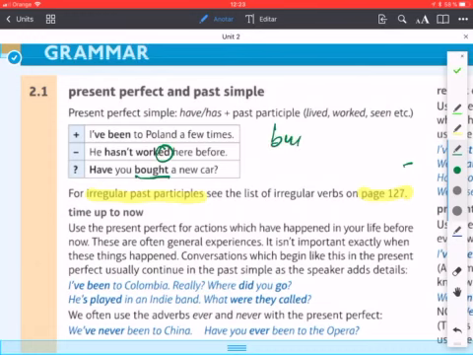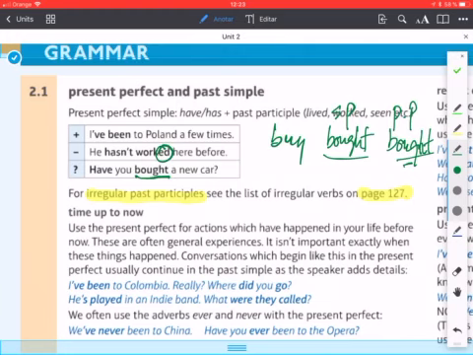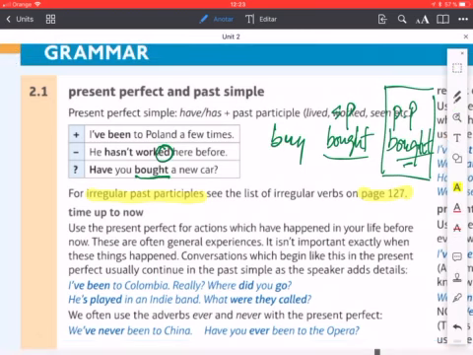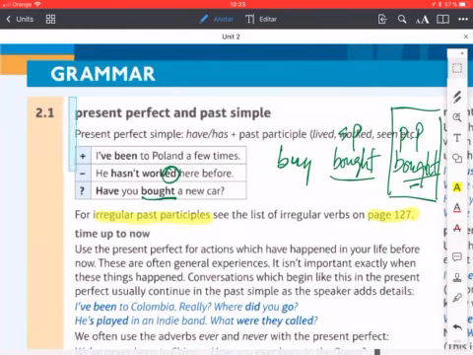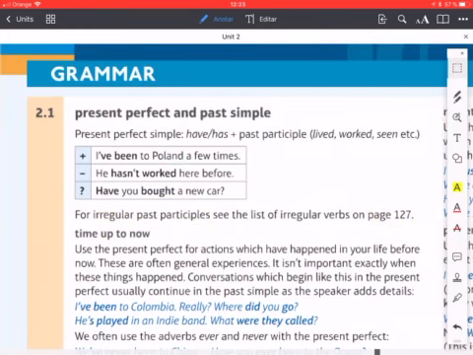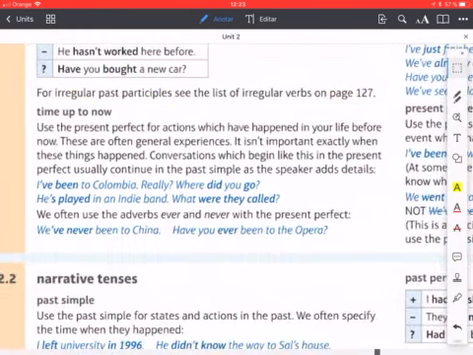From buy, you have a simple past that is bought and a past participle that is also bought. Okay, so yes, there are many irregular past participles here to look at. Okay, let me clear the screen. All right, let's move on.